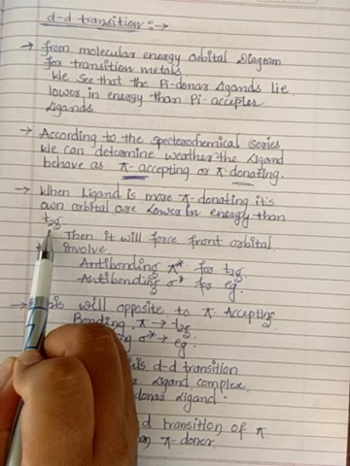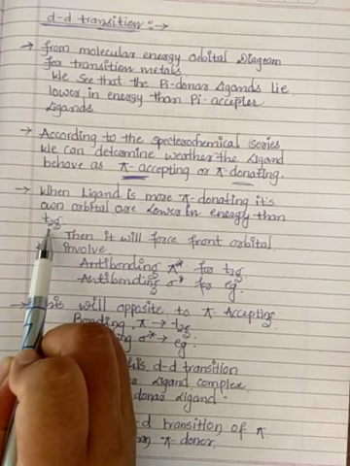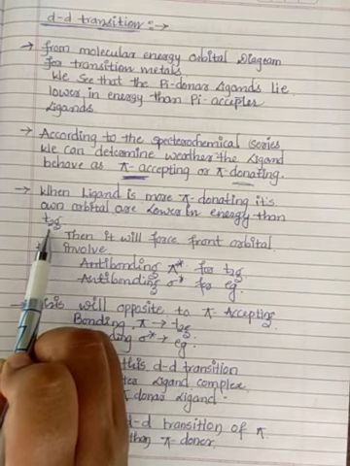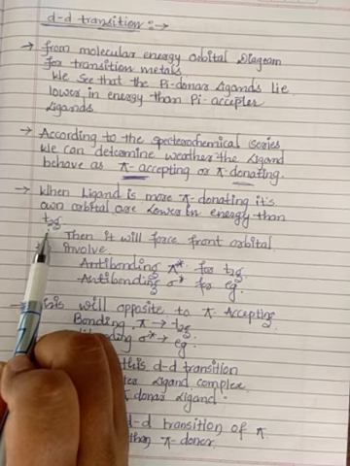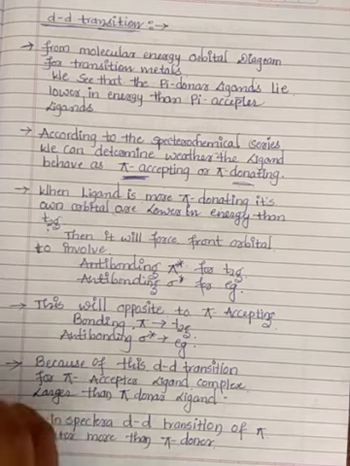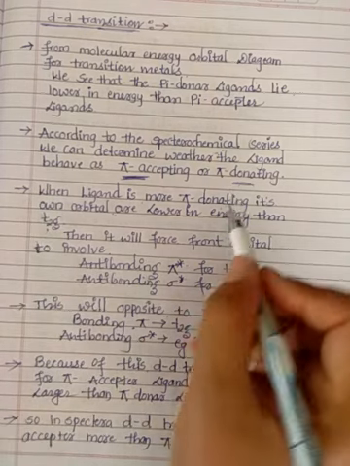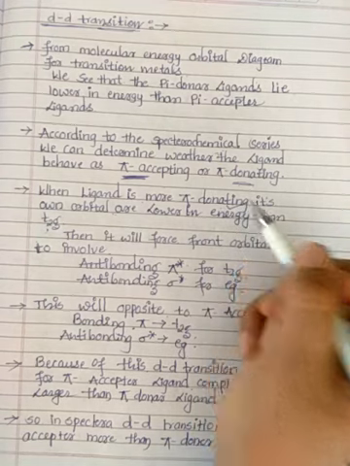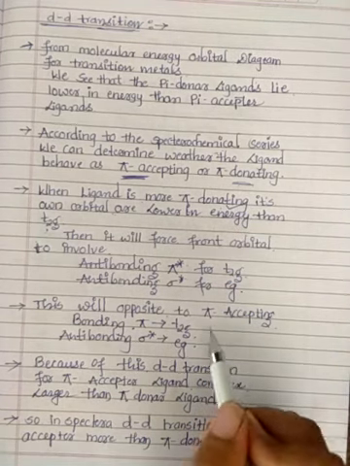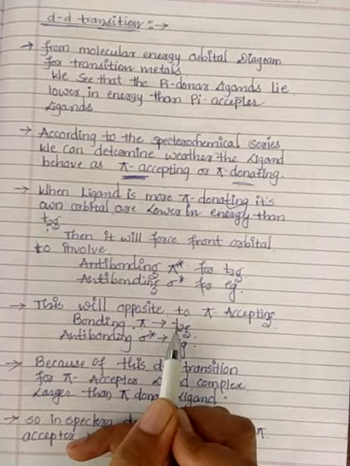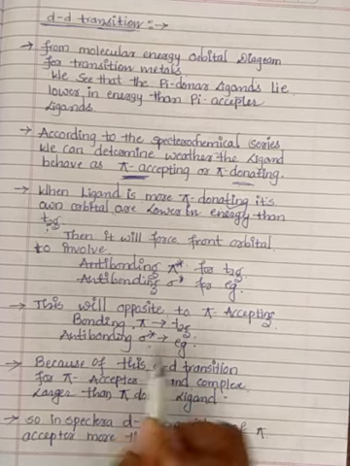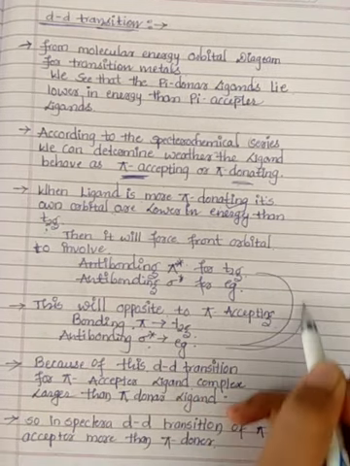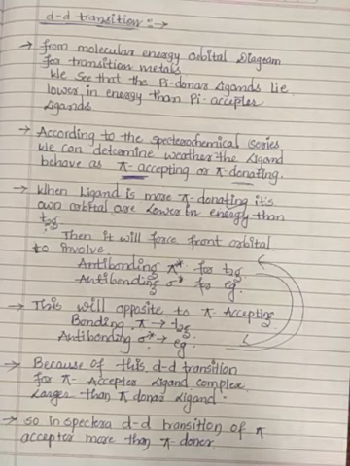If it is pi accepting, it is the opposite, then bonding will be pi t2g and antibonding will be sigma, so these two are vice versa.